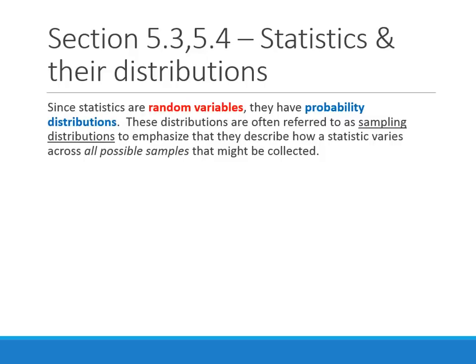Either a probability mass function or a probability density function. And our special name for these probability distributions of statistics is a sampling distribution. And this sampling distribution is going to describe the behavior of my statistic.